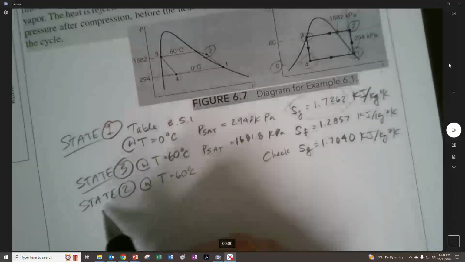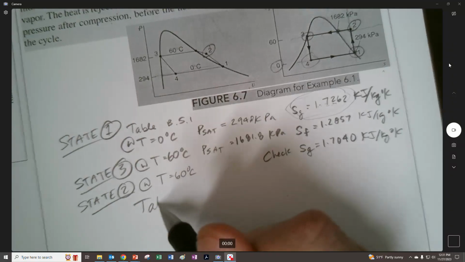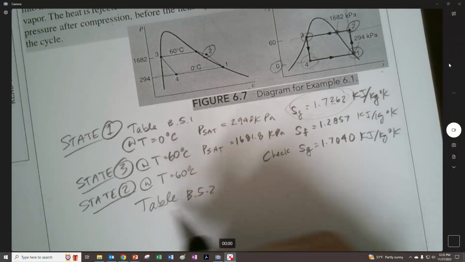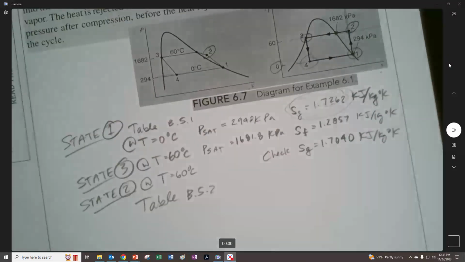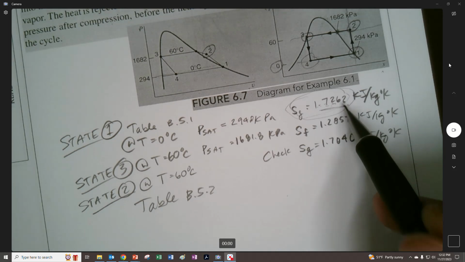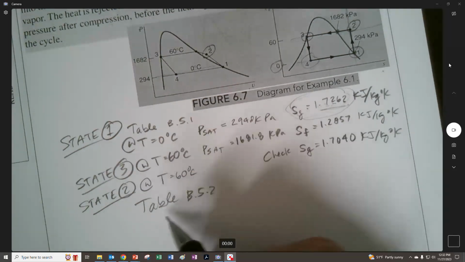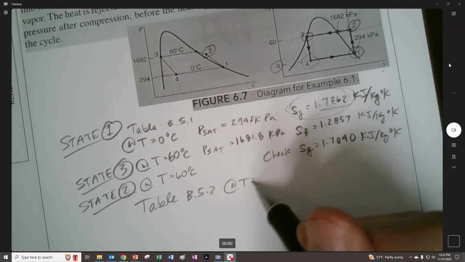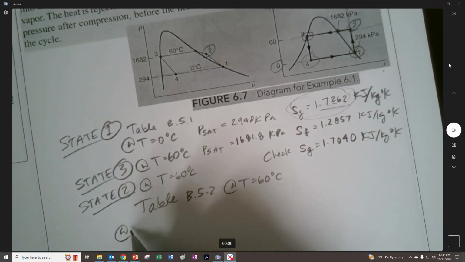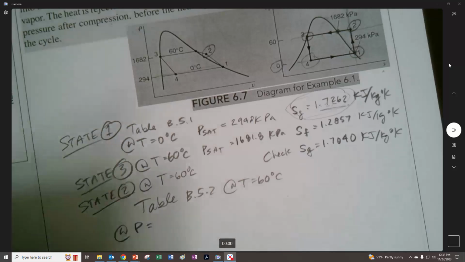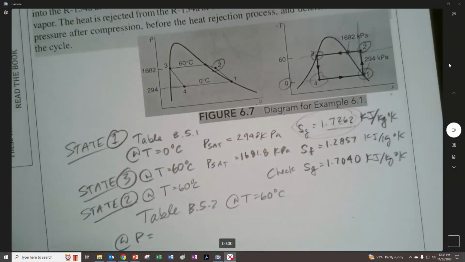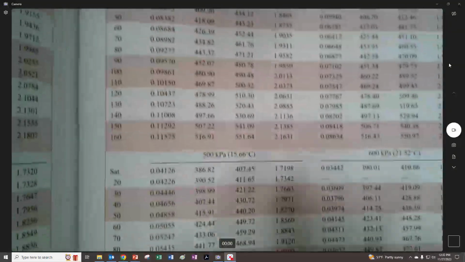So now we go to table B.5.2, and we're on the lookout for this right here at T equal to 60 degrees Celsius, but there are going to be different pressures. We find 1.726 at 60 degrees.